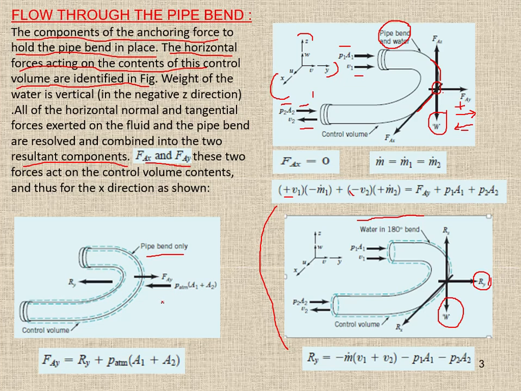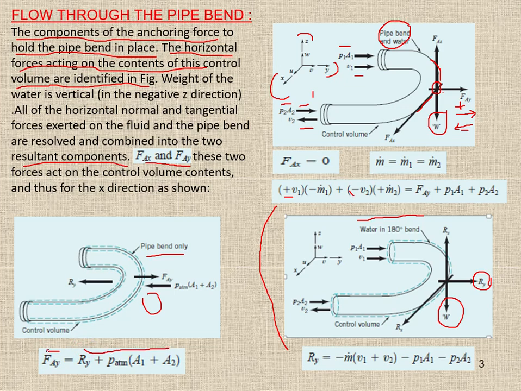Because if we do not provide any support, and the force is strong enough, it will move. So to hold it, we need an equivalent reactive force, that is Ry, and this external force is always there. These two forces are always equal and opposite to the force exerted by the fluid. So this is the force exerted by the fluid, and this is the anchoring force that we have to calculate.